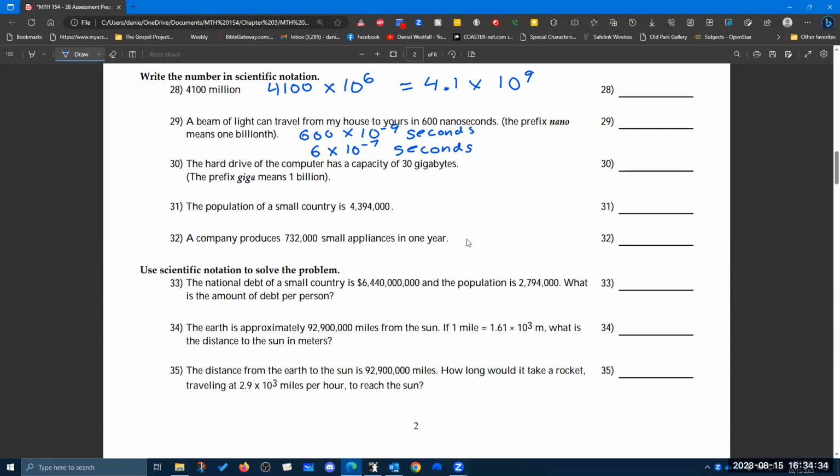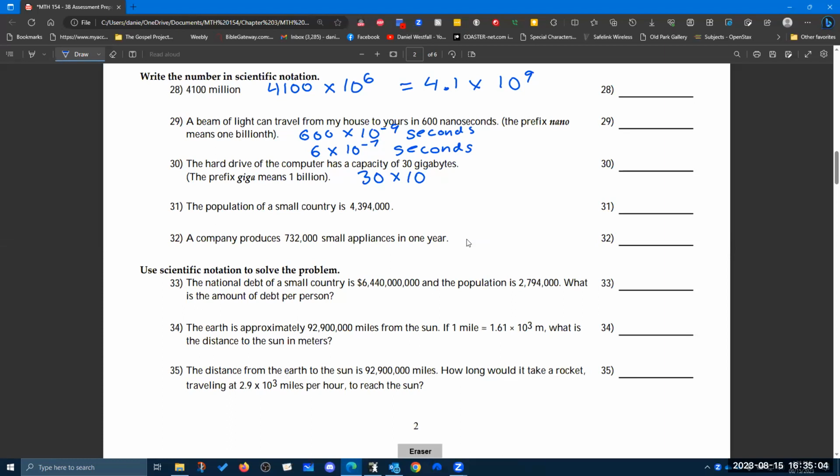It's a little off from that because our base is 2 and not 10 in computers, but we're going to pretend that 30 gigabytes means 30 billion bytes. So 30 times 10 to the giga. So that is times 10 to the ninth, right?